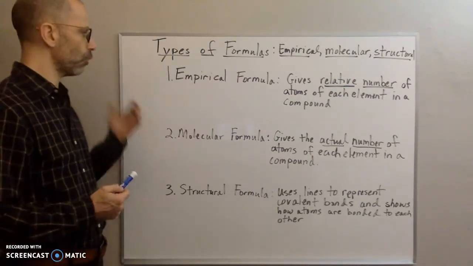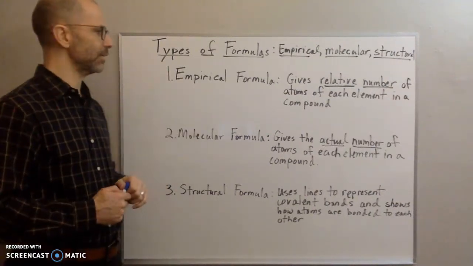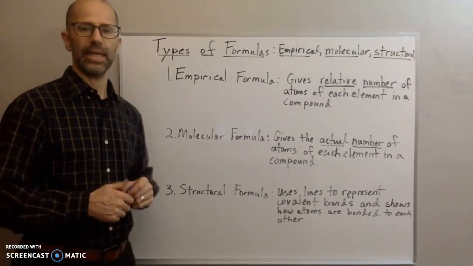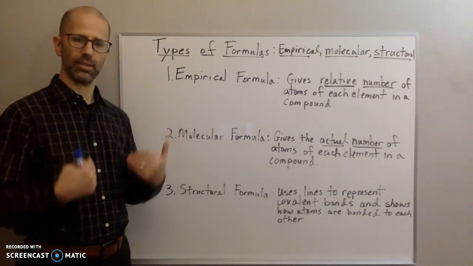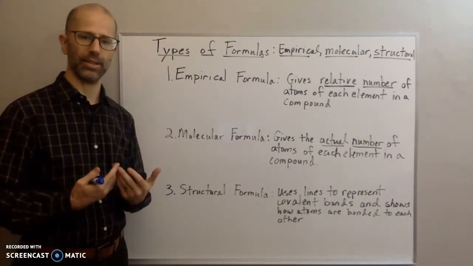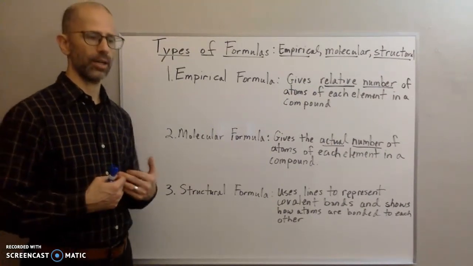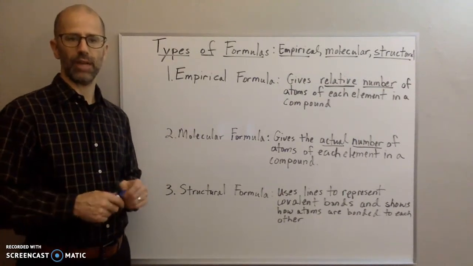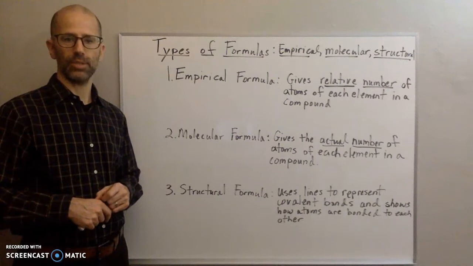The empirical formula is the formula that gives the relative number of atoms of each element in a compound. And so let me step back and say, okay, what exactly is a formula? A formula is a way of showing what atoms of an element are involved in your substance, right?